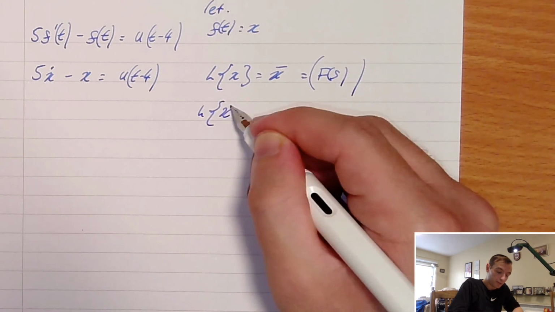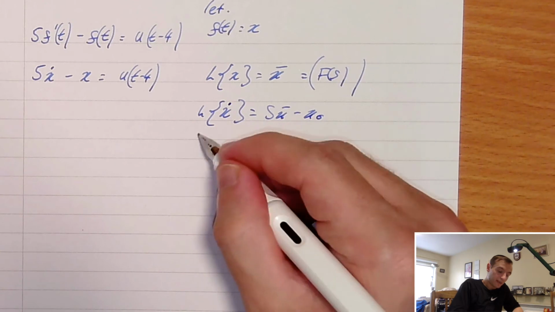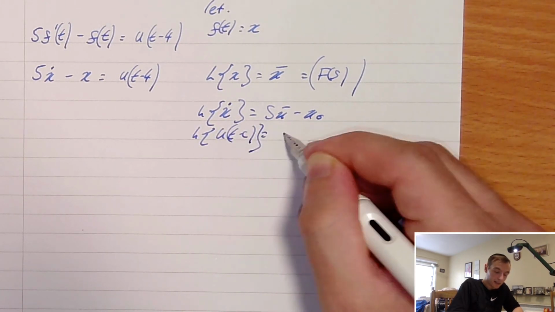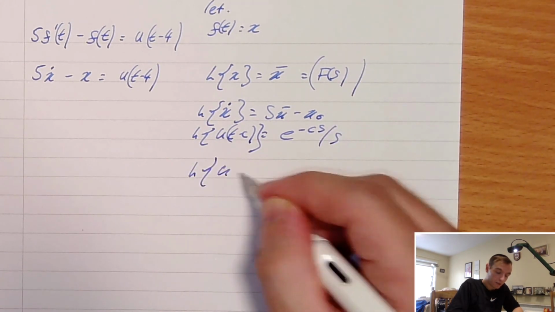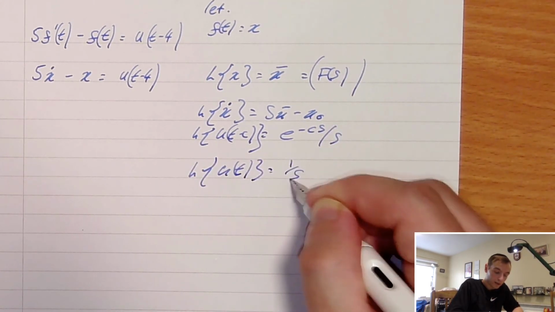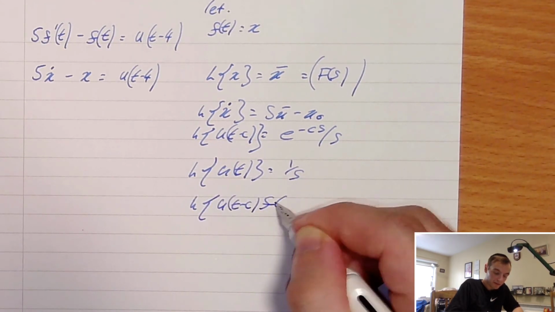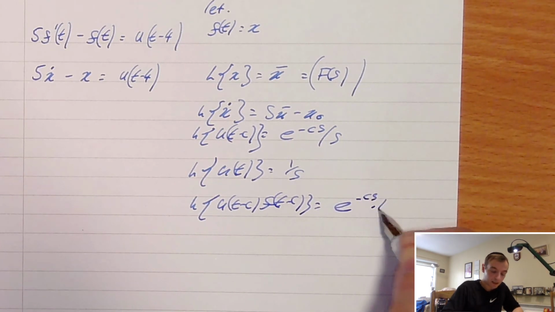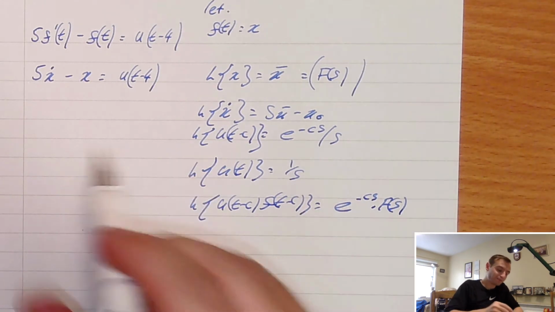The Laplace transform of x dot equals s x bar minus x naught. The Laplace transform of u(t-c) equals e^(-cs)/s. The Laplace transform of u(t) equals 1/s. And the Laplace transform of u(t-c) f(t-c) equals e^(-cs) F(s), providing the Laplace transform of f(t) is F(s).